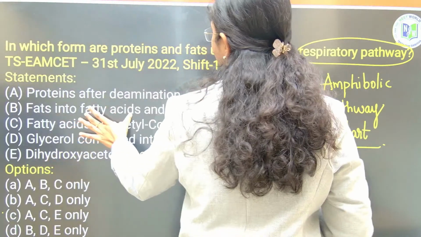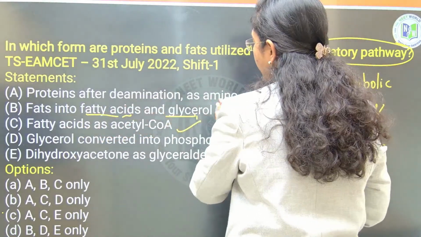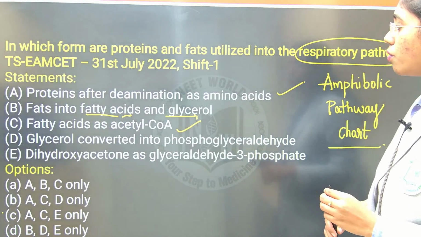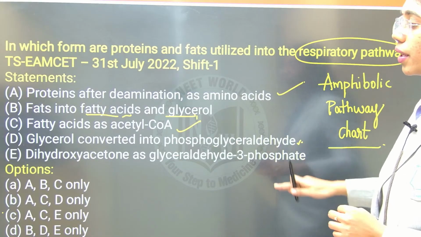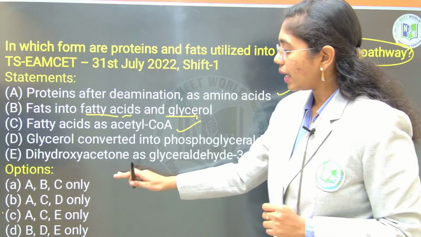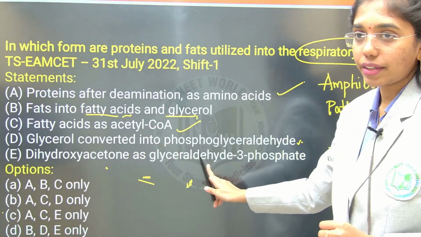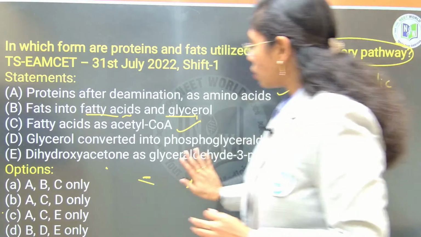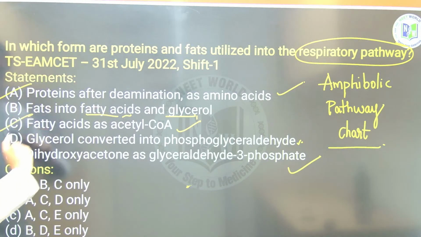Fats oxidizing into fatty acids and glycerol is true, but they are not entering into the respiratory pathway. Next, glycerol is converted to phosphoglyceraldehyde is true, but at this step they are not entering into the amphibolic pathway. Here, when DHAP is isomerized to glyceraldehyde 3-phosphate, at this step they enter into the respiratory pathway. So, here A, C, E are the right statements.